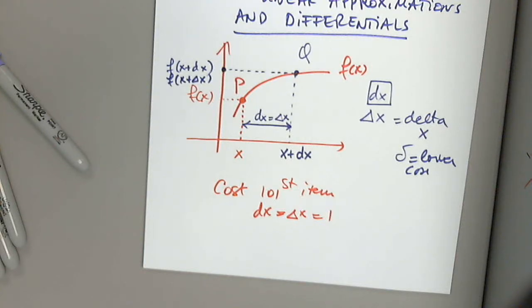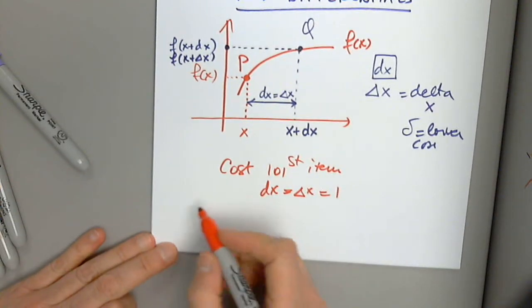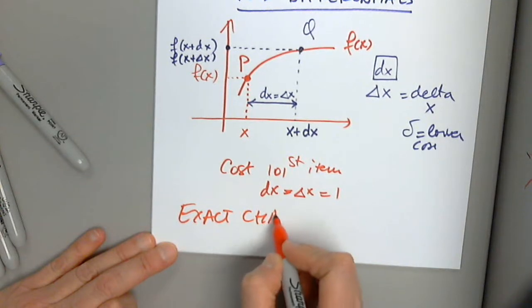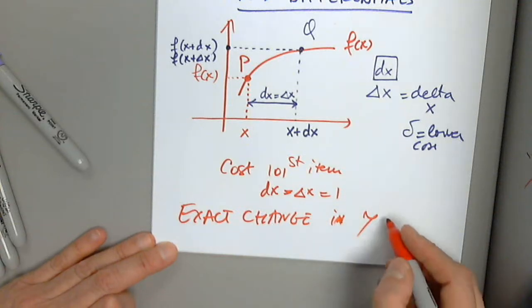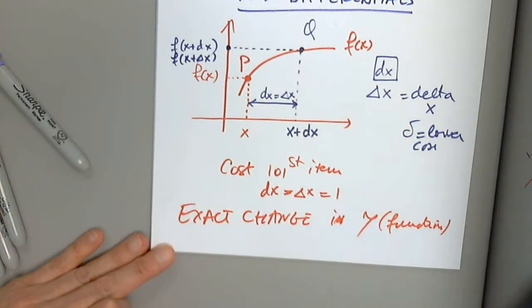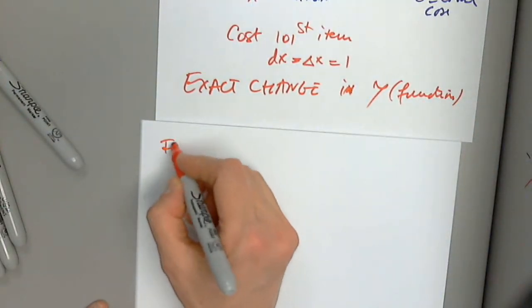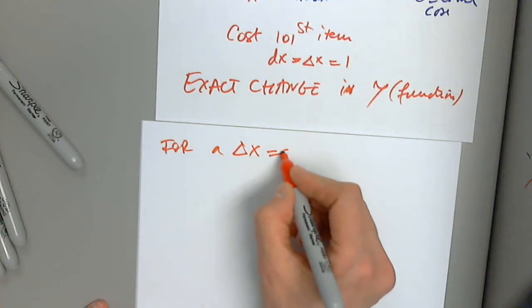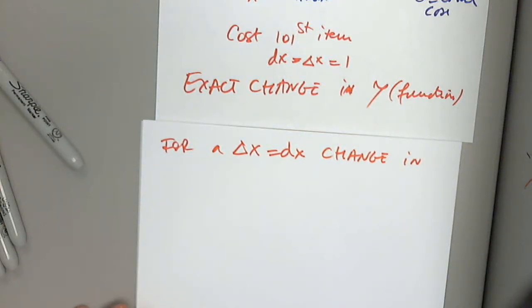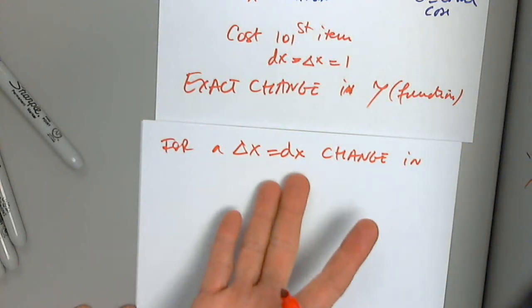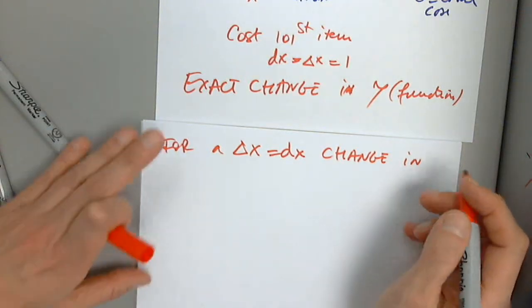So what would be the exact change in y, or in the function, for a delta x or dx change in x?